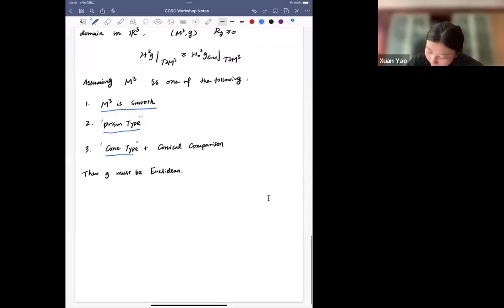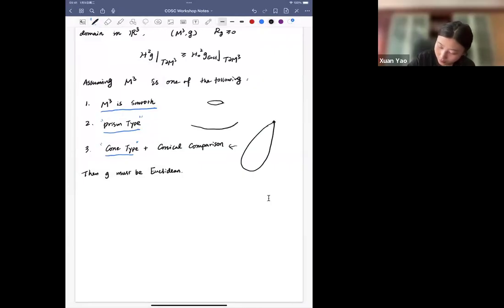So basically, let me draw a picture here. If it's a domain which has a cone point, but other parts are smooth, this is what we call a cone type. Okay, so prism type is similar.